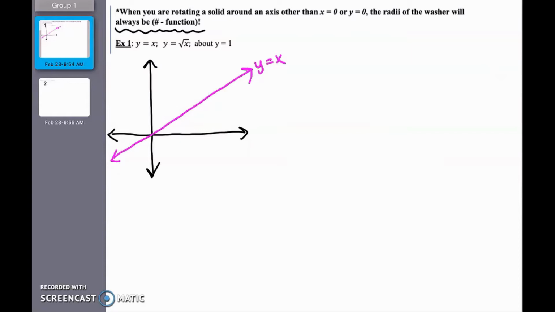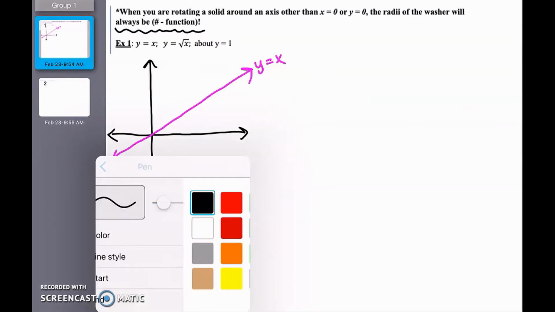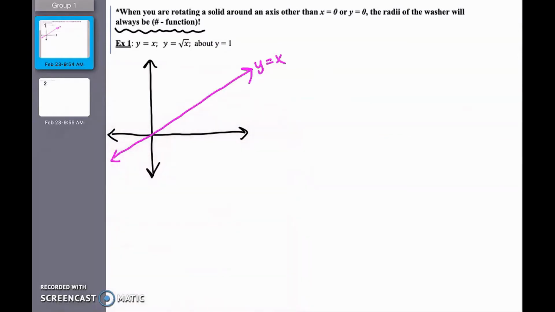And the second function is y equals the square root of x. So now I'm going to go back and I'm going to put a few little tick marks here on my x-axis and on my y-axis.